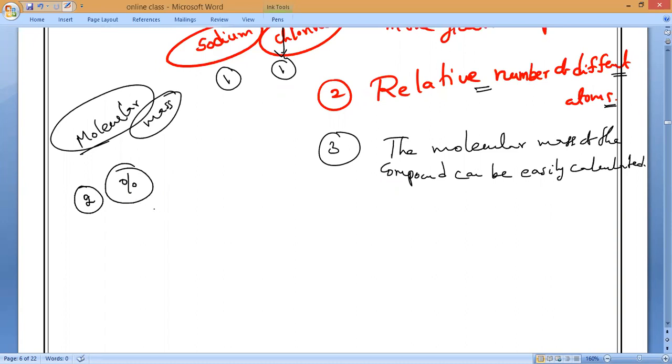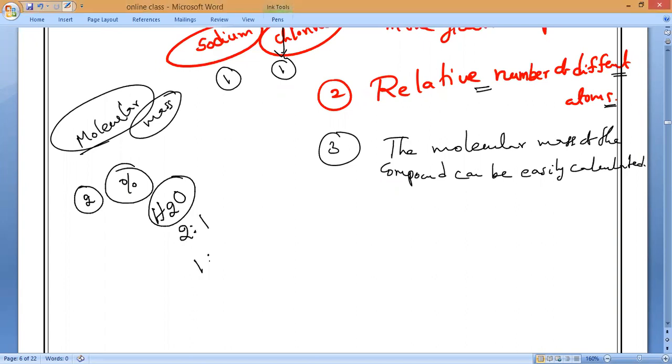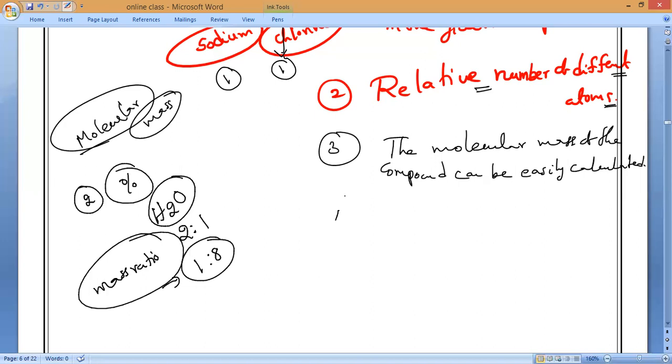For example, water: what is the mass ratio of water? The elemental ratio is 2:1. What is the mass ratio? 1:8. This is the mass ratio. So we can easily calculate the mass ratio only when we come to know the chemical formula of a compound. So these are the four pieces of information.